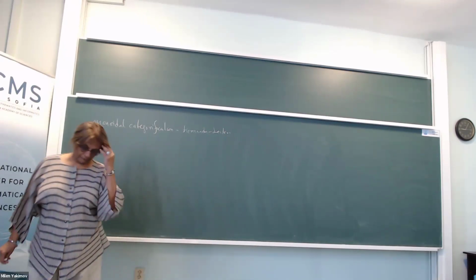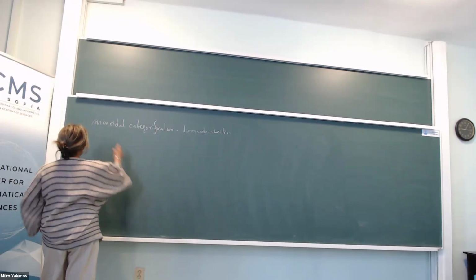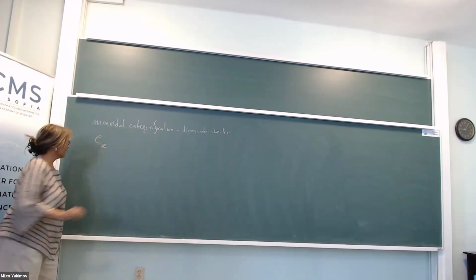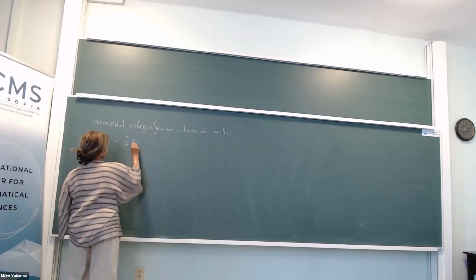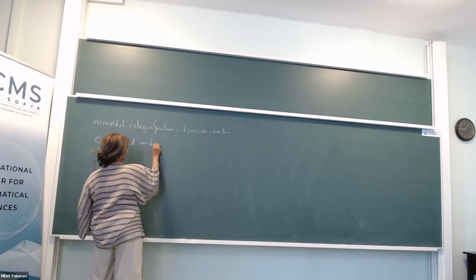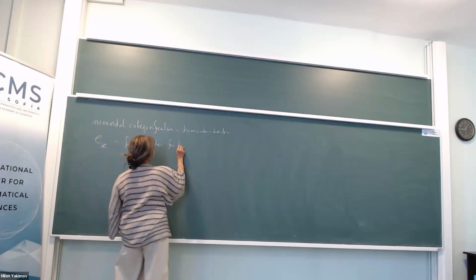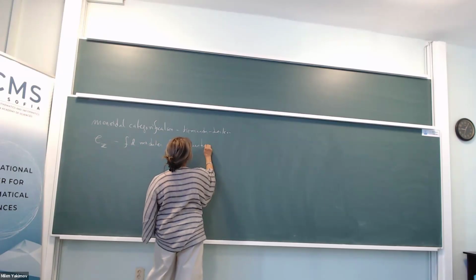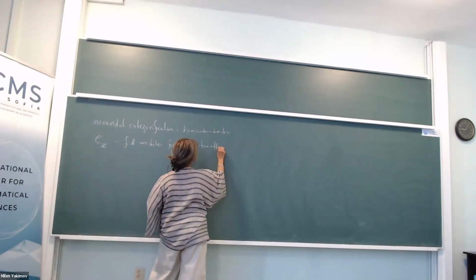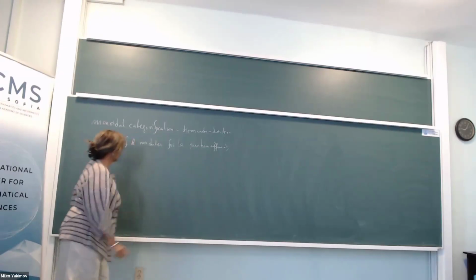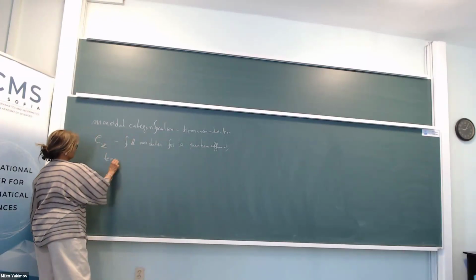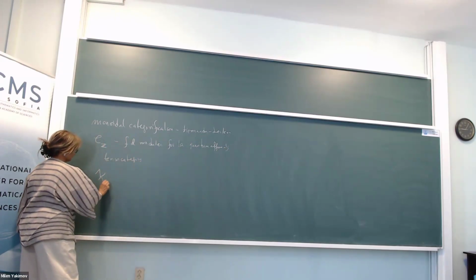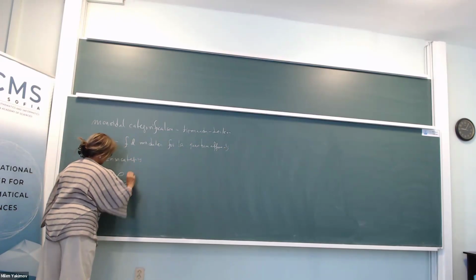What they proved was that there was a nice category of modules that I'm going to denote as C_Z. These are finite dimensional modules for the quantum affine algebra, and it's a tensor category, so you can look at its Grothendieck ring.